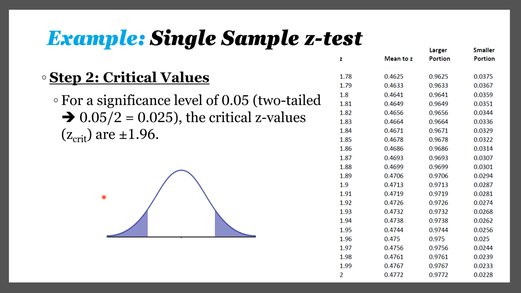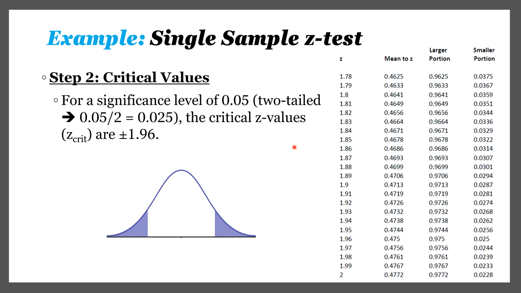Okay, so how do we find the critical values? Remember, we want to take alpha, which is 0.05, we're given that in the problem, and divide by the number of tails. There are two tails, so 0.05 divided by 2 is 0.025.